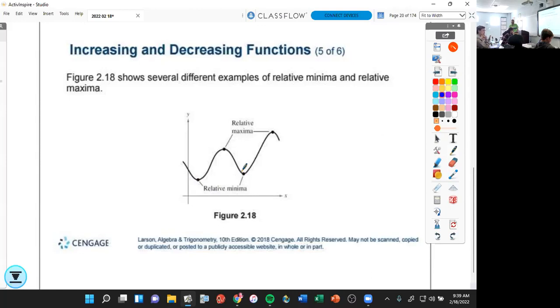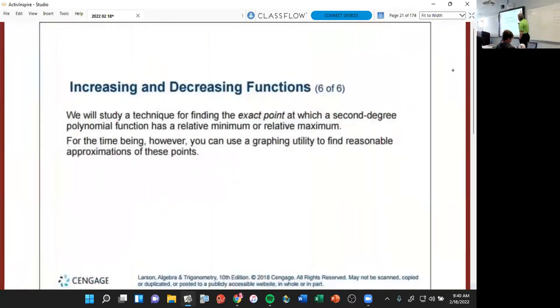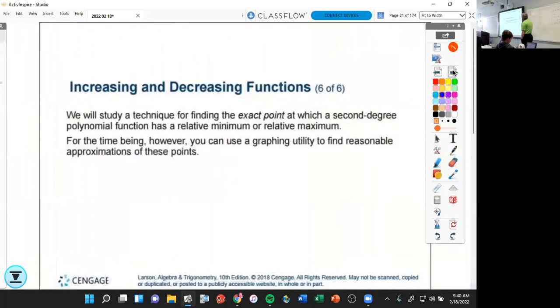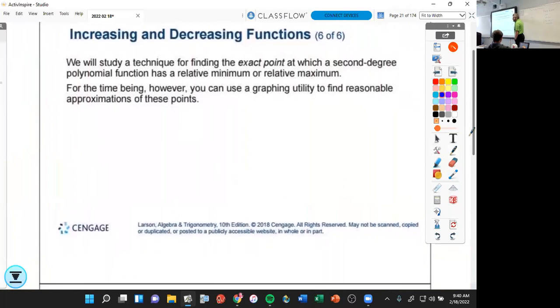So it's the same concept as the parabolas, except we're using the term relative. Okay. Next page. We'll study a technique for finding the exact point at which the second degree polynomial function has a relative minimum or relative maximum. For the time being, we're just going to use the calculator to find an approximation. We're going to use the calculator.